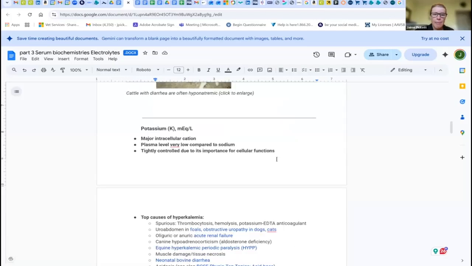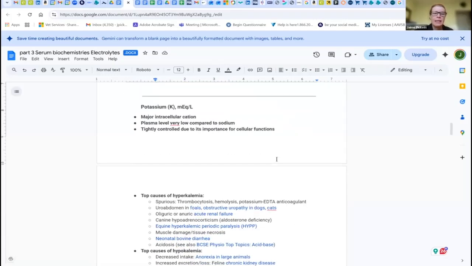So moving on to potassium, this is like the electrical signal. Potassium lives intracellularly, so even tiny changes in plasma potassium are significant. It's crucial for neuromuscular and cardiac function.